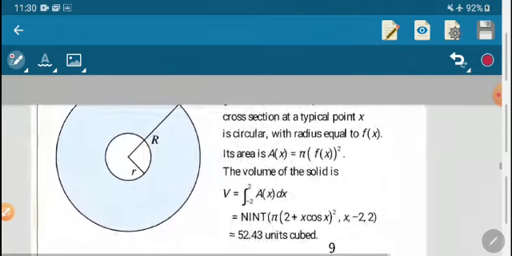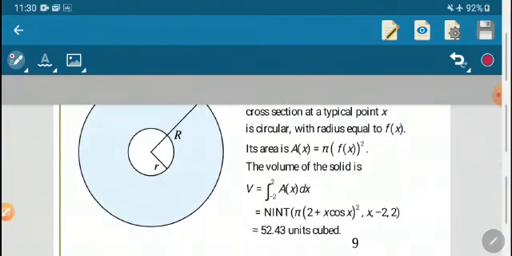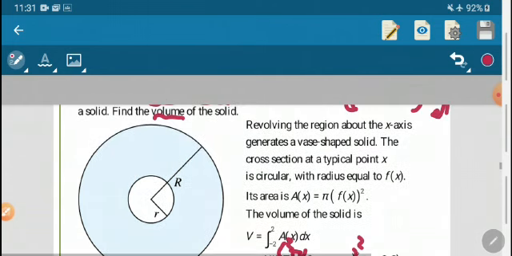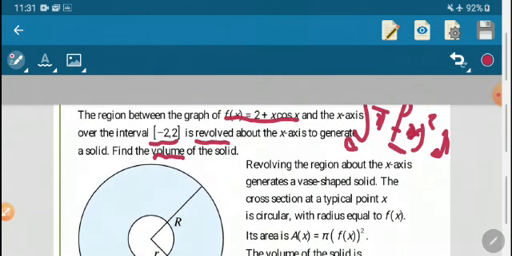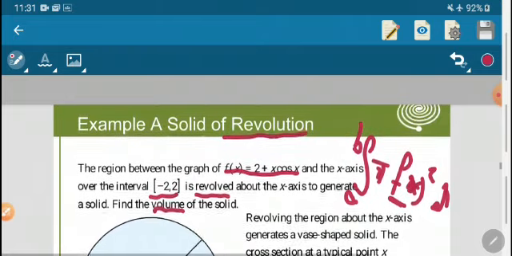Just determine the integration from -2 to 2 of pi f of x squared dx.